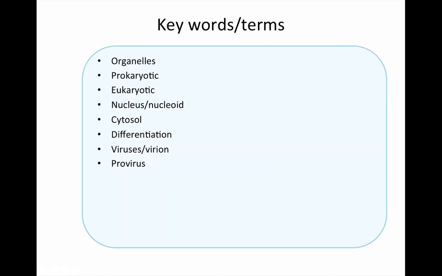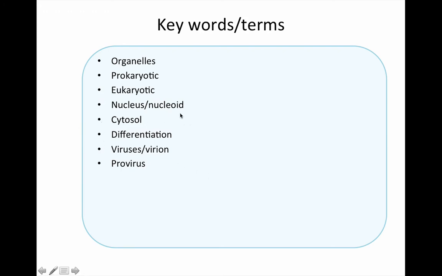And the last thing that we have are some keywords and terms. We have organelles, or tiny organs. These are found within eukaryotic cells. We have a nucleus versus the nucleoid region found in a prokaryote. The cytosol, or cytoplasm.